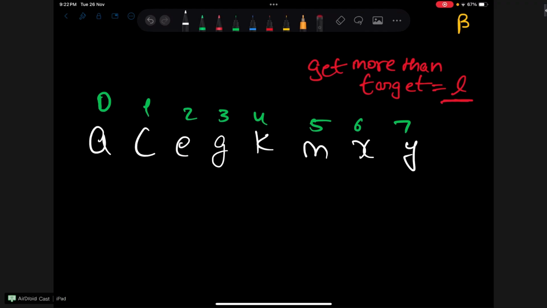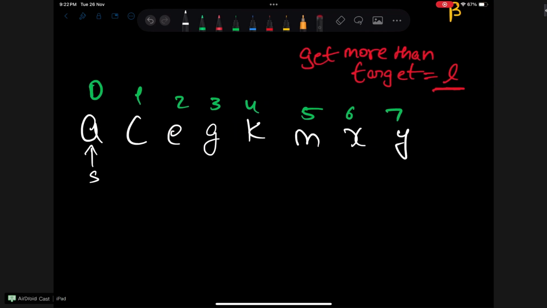So let's discuss an optimal solution now. Let's say this was our list of letters, and we set S right here and we set E right here, the starting and ending index of the binary search. Once we set the starting and ending index, we need to calculate mid.